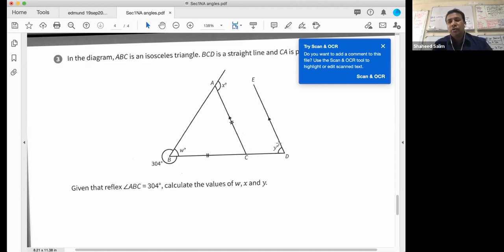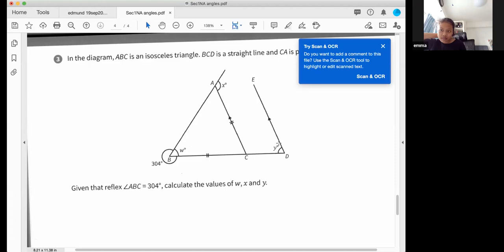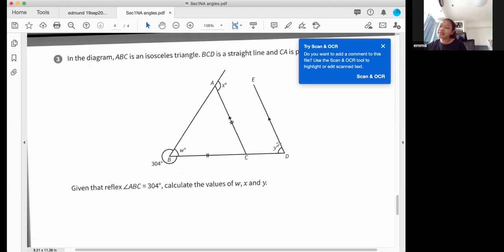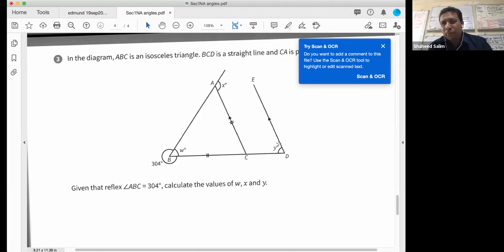You are already quite advanced. How about your ranking among the students in your class for maths? Do you know roughly? Are you at the bottom, middle, or top? Middle. At the start of the year, were you at the bottom, middle, or top? Middle. So did you improve or not?